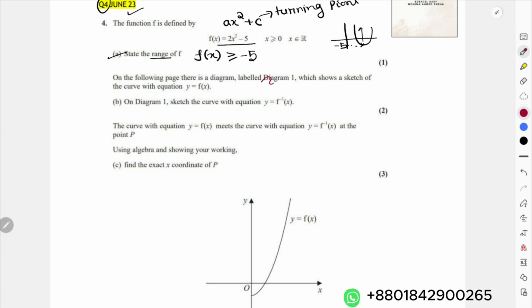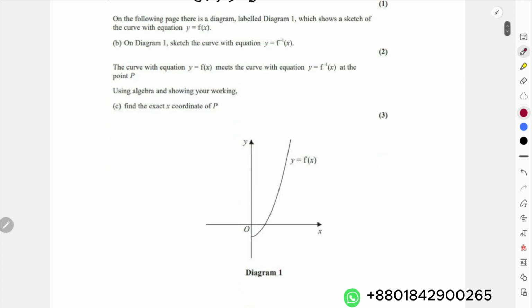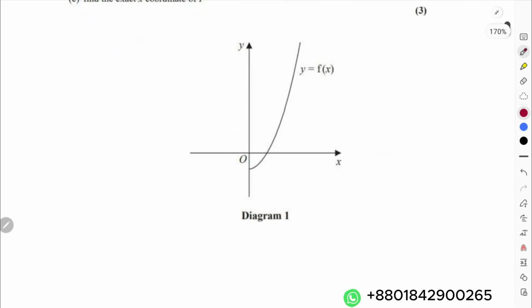following page, there's a diagram labeled diagram 1, which shows a sketch of the curve with the equation y equals f(x). Now on diagram 1, sketch the curve with the equation y equals f inverse x. We know that f(x) and f inverse x are always images of each other in the line y equals x, right?